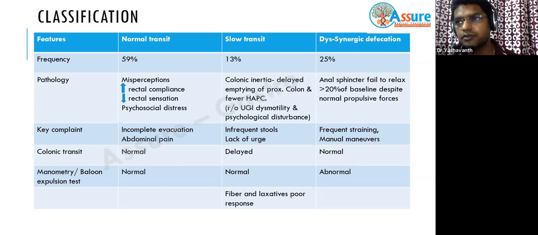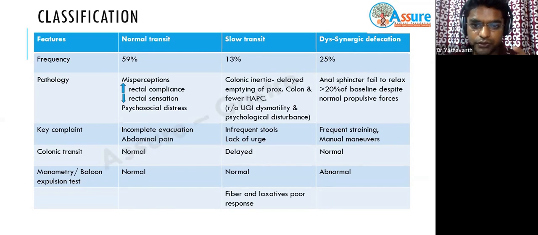In these patients, you have to always rule out upper GI dysmotility and psychological distress, because as an isolated case, it is very unusual for colon to just have slow transit. Sometimes you will be missing the whole GI; the transit might be less. So you have to make sure that it is not just the colonic inertia.